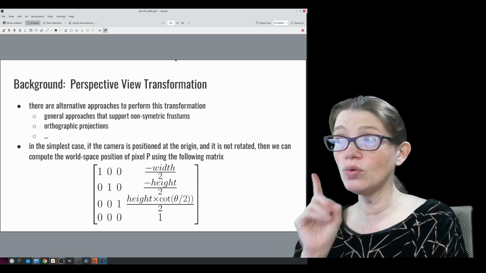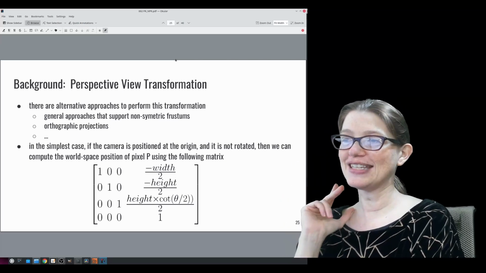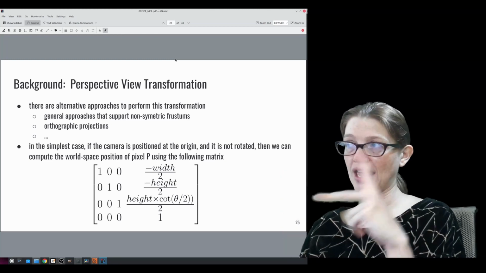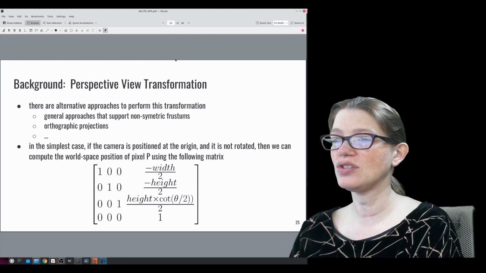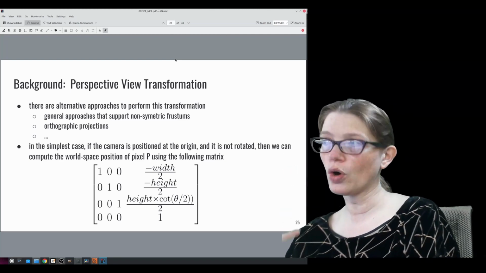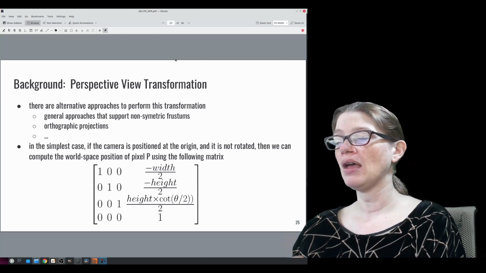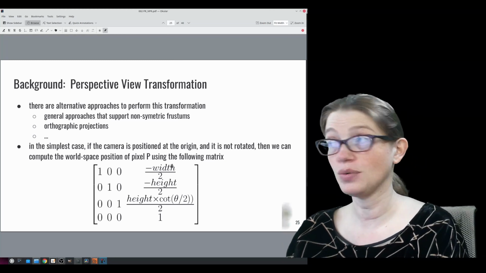But this only works if your camera is located at the origin and it's not rotated. So your camera is looking in the same direction. So the camera's axes are identical to the world space axes. So positive is the same, negative is the same for X, Y, and Z. And then this lovely matrix here will work for you.